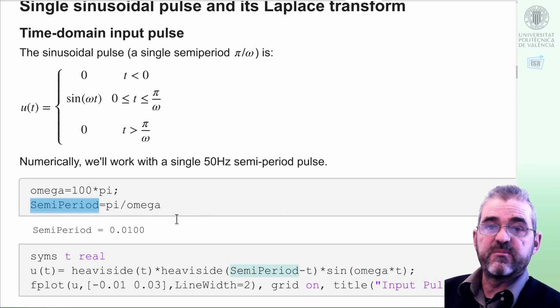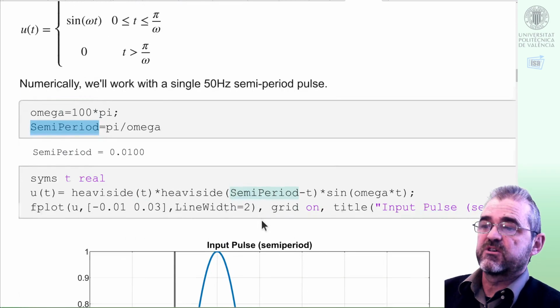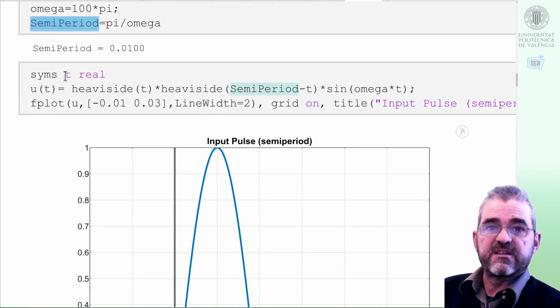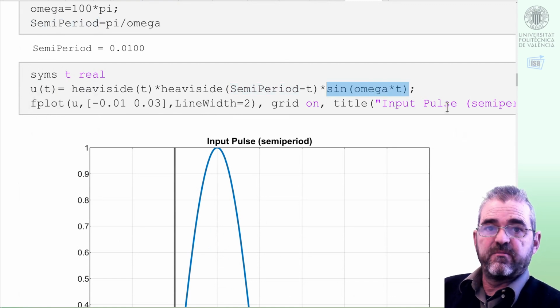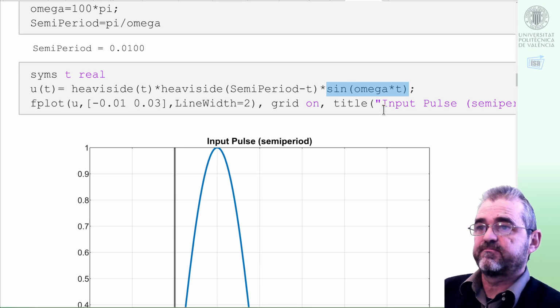And this semi-period is 0.01. So to plot it with the symbolic toolbox, this will be the sinusoid, but that sinusoid lasts forever, and then we will multiply that sinusoid by a couple of Heaviside functions, step functions.